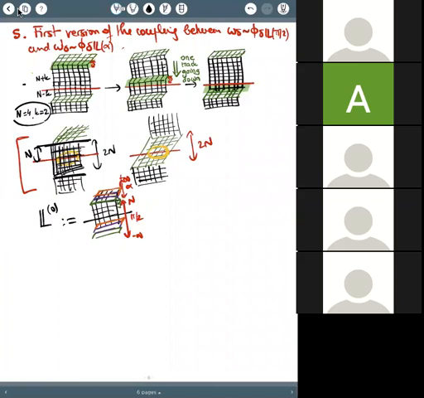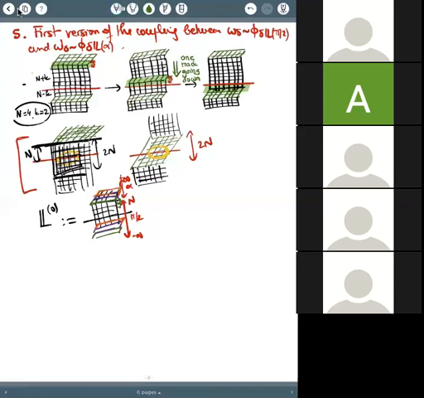Sorry about that. I had some problem of connection on my side for once. Okay, so imagine you start from a lattice. Sorry about this interruption. From a lattice, which is a square lattice, up to a certain height n, and then you put a rotated version of the square lattice.